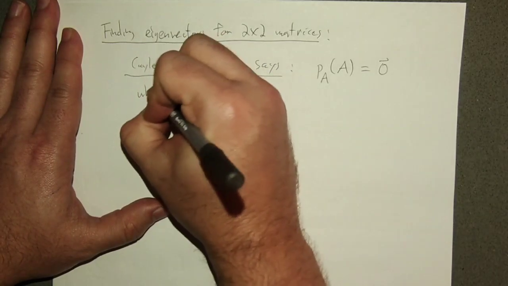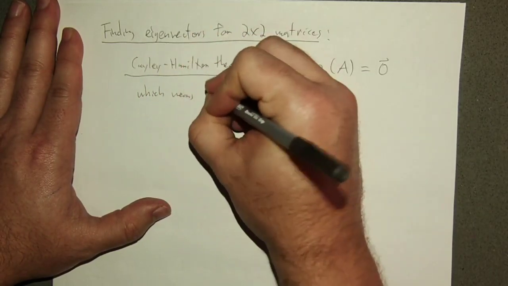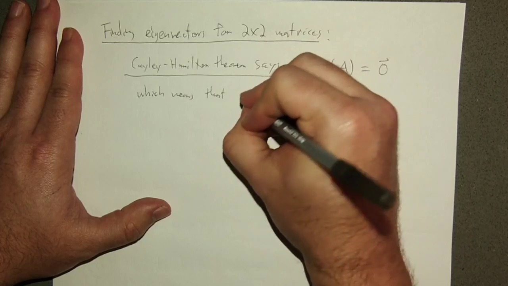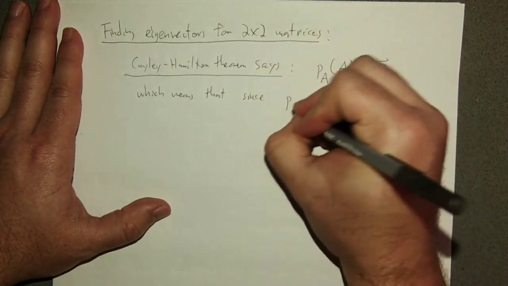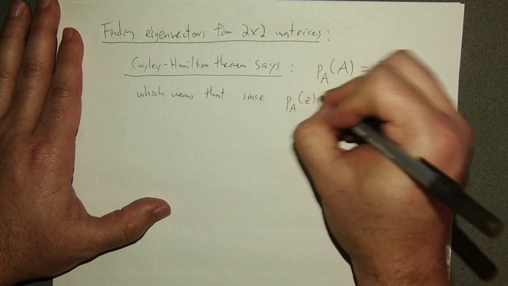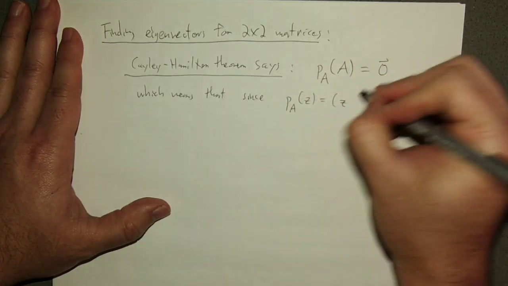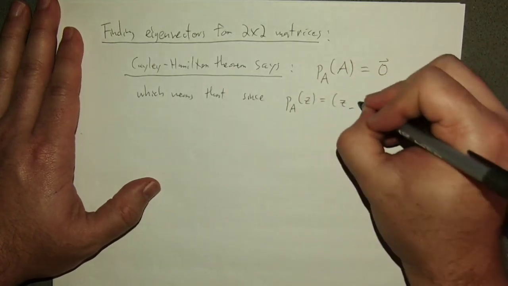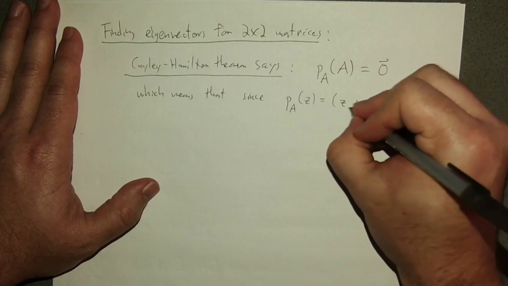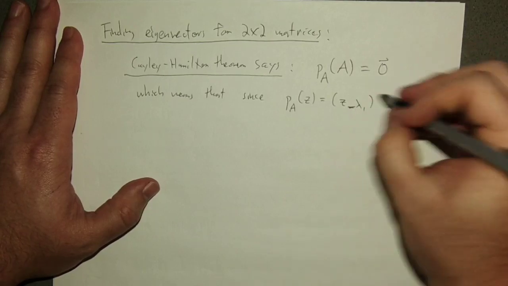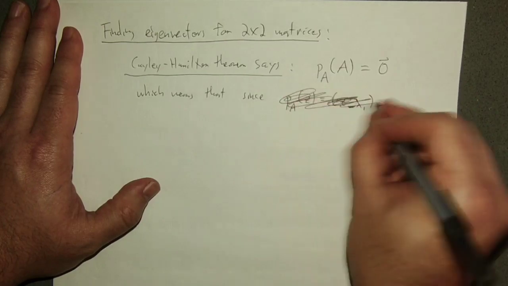Which means that, since P sub A of z can be factored as... that's terrible. Let me rewrite this.